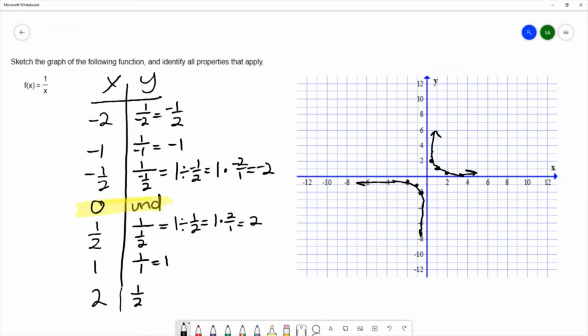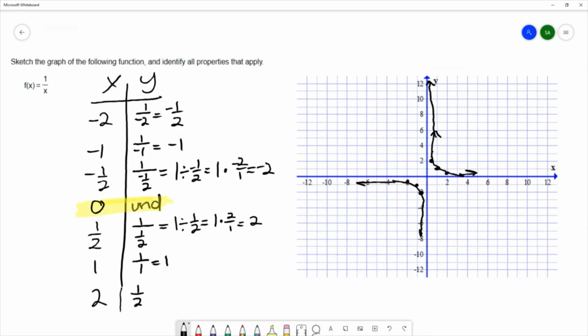Some special features of this function is it has a vertical asymptote and a horizontal asymptote. They both occur at 0, and what that means is that our graph is getting closer and closer to x equals 0.